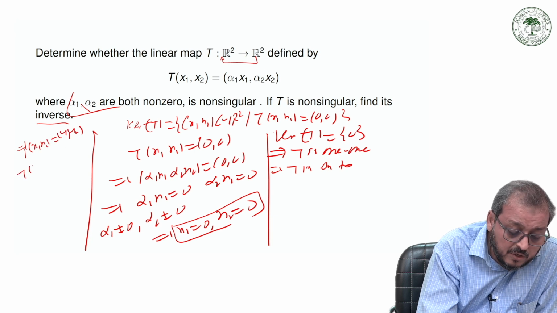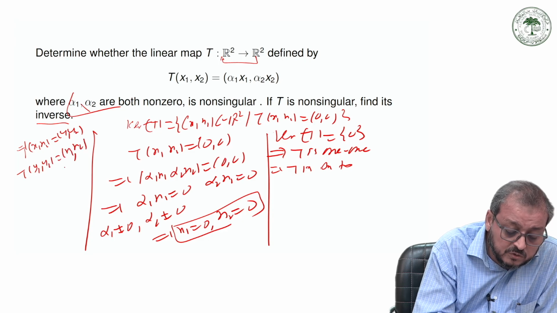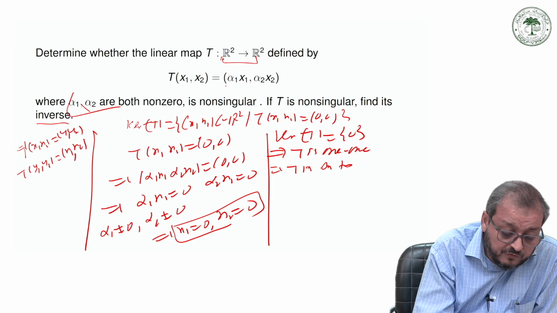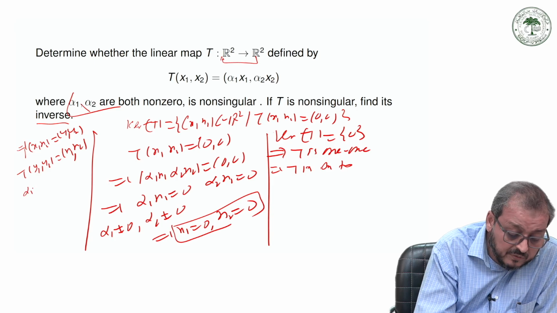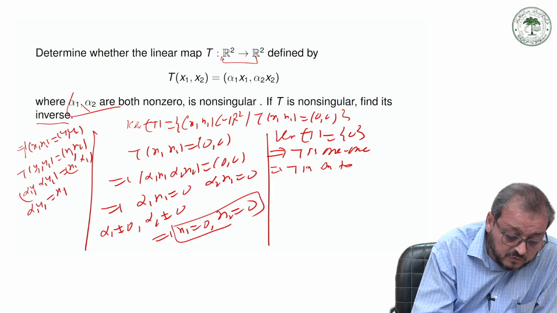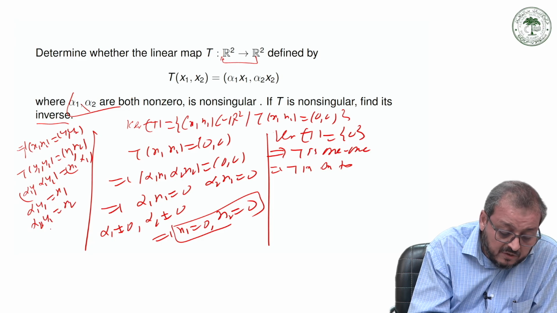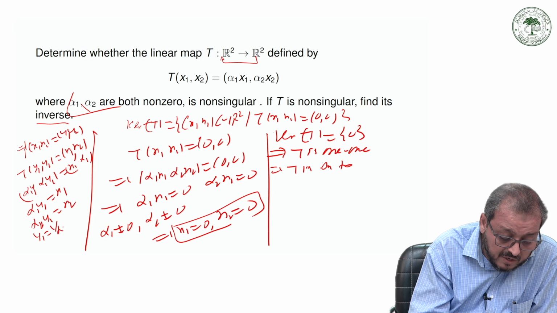So T of (y1, y2), by the definition, is equal to (x1, x2), and T of (y1, y2) is defined as (alpha 1 y1, alpha 2 y2), which is equal to (x1, x2). So alpha 1 y1 is equal to x1 and alpha 2 y2 is equal to x2. Because alpha 1 and alpha 2 are not equal to 0, y1 is equal to 1 by alpha 1 times x1, and y2 is equal to 1 by alpha 2 times x2.